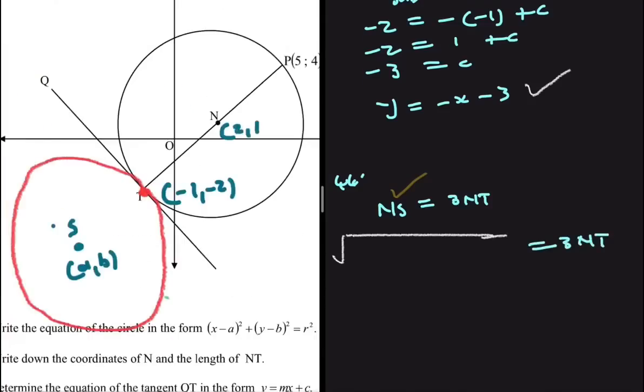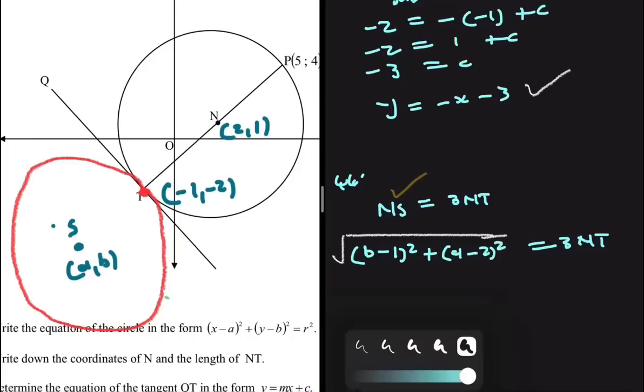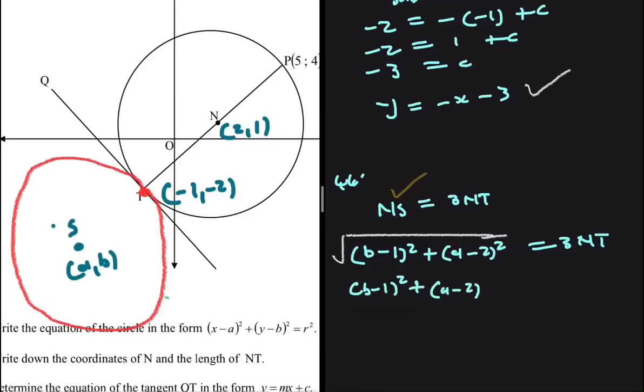We have 2 and 1 as the coordinates of N. If we take S as our second point, we're going to have Y2, being B, minus Y1, which is equals to 1, the Y value of N. And then plus X2, which is equals to A, minus X1, which is equals to 2, the X value of N. If we square both sides, we're going to have B minus 1 squared plus A minus 2 squared.